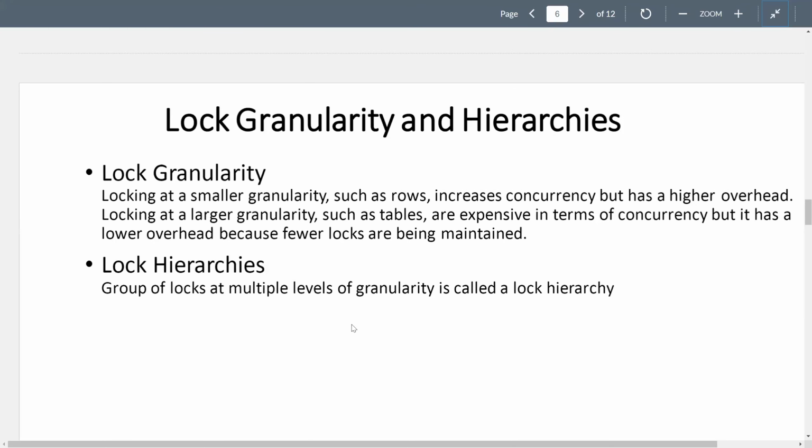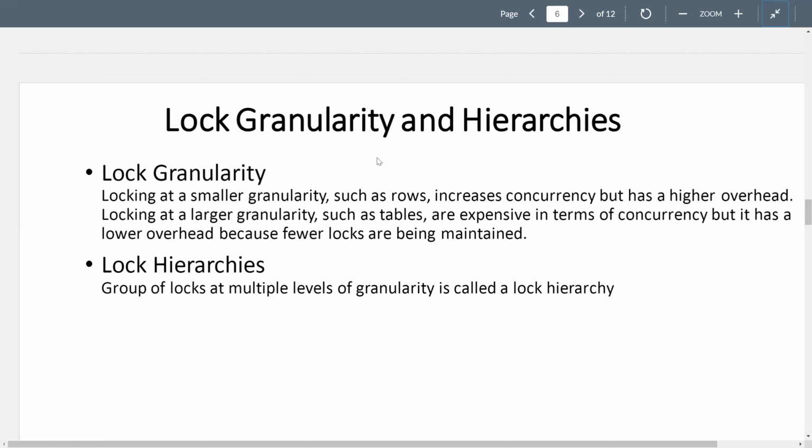And this is also a very common concept about transaction processing or about locking: lock granularity and hierarchies. The concept is, if you lock up just a record, because usually when we change the data, we change a record, right? Or if there are several records, you just lock up those records.